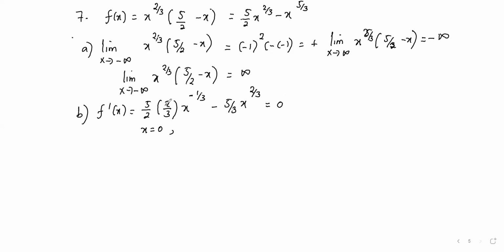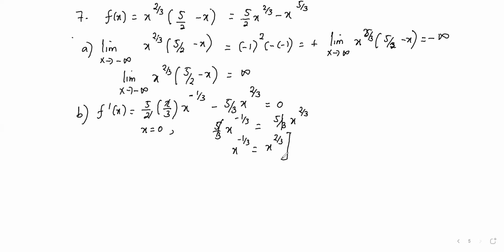Then the second thing, we now work it out. So we'll have 5 over 3 x to the power minus 1 over 3 equal to 5 over 3 x to the power 2 over 3. So these get cancelled, and we remain with x to the power minus 1 over 3 equal to x to the power 2 over 3.